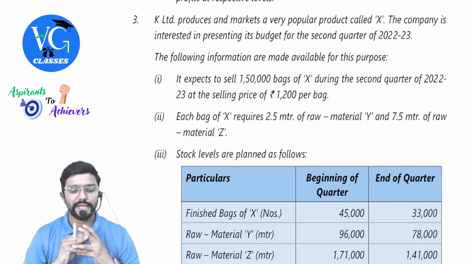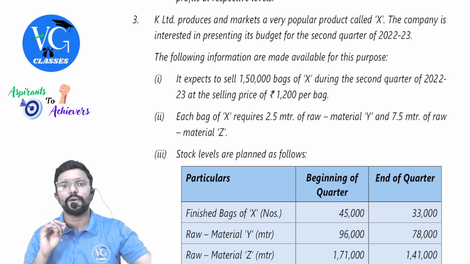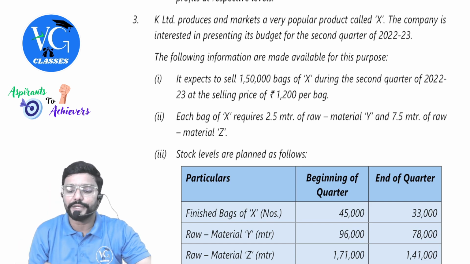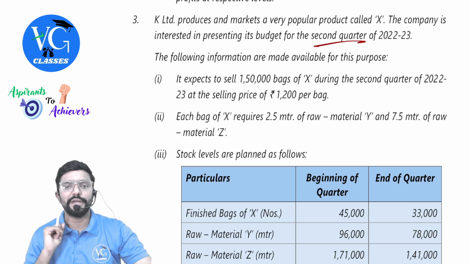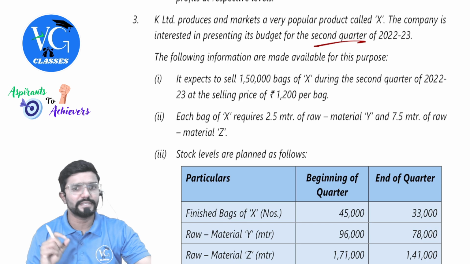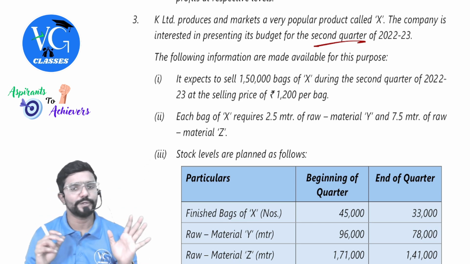Question number 3, guys. K Limited produces and markets a very popular product called X. The company is interested in presenting its budget for the second quarter of 22-23. The following information are made available for this purpose. It expects to sell 1,50,000 bags of X. Now X is what for them? Output.